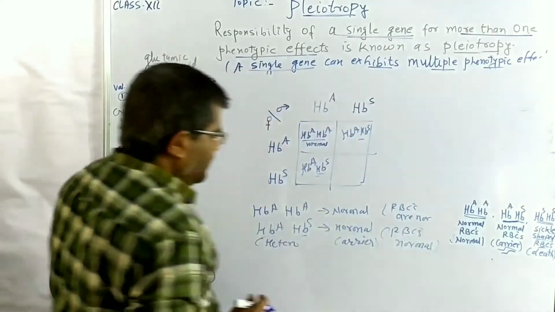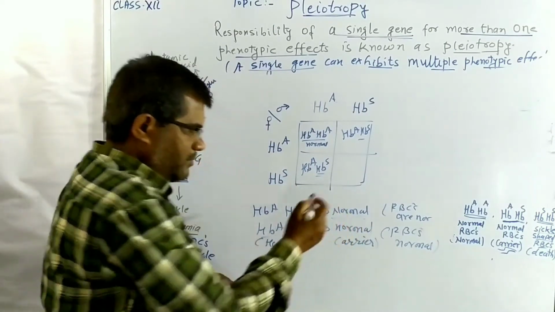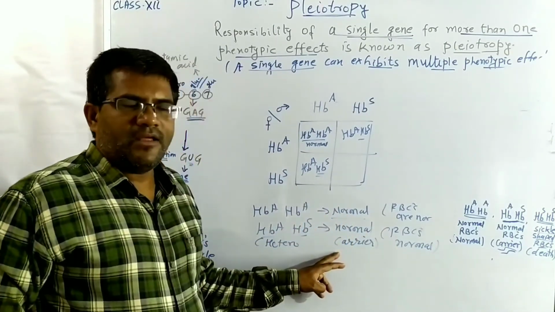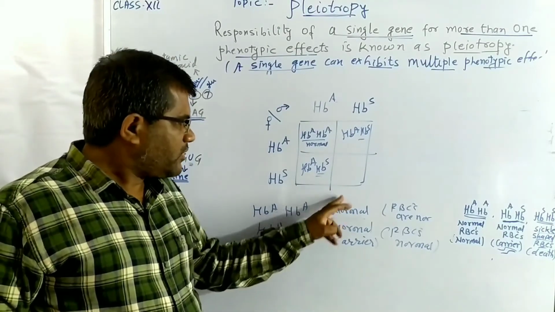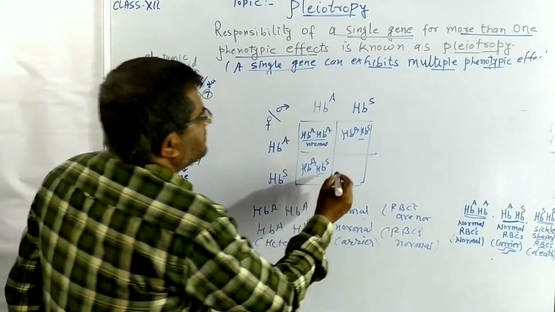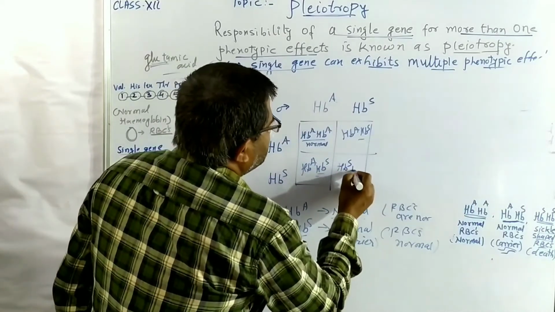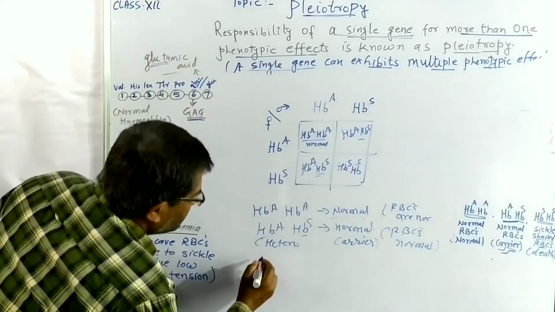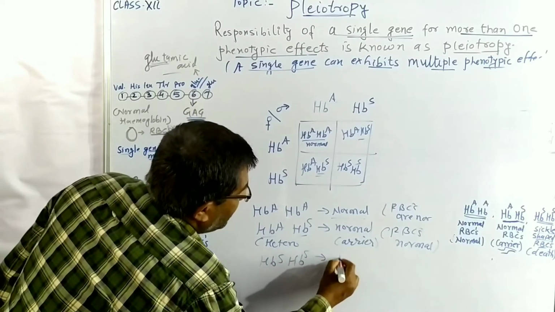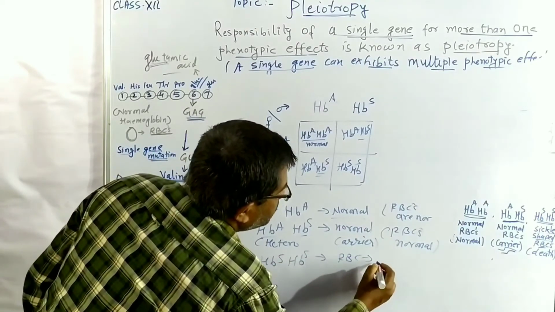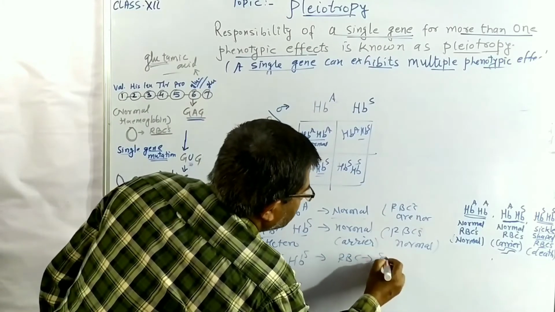But in this case, this is the completely normal. In the second case, it is the carrier. It transmits the disease to the next. And the third case is HbS HbS. It means in this condition, with the HbS allele, its RBCs change to sickle cell.